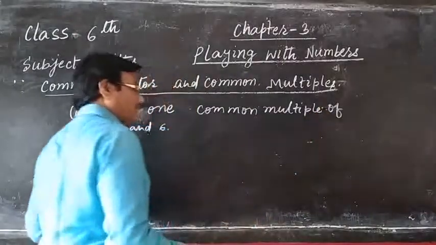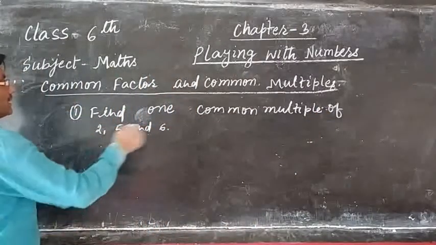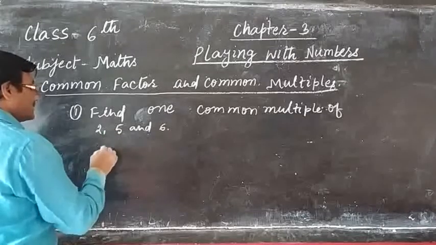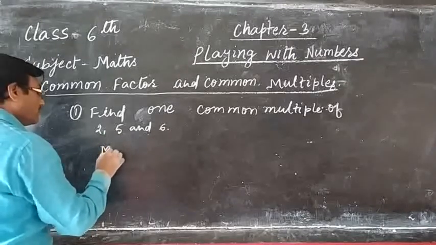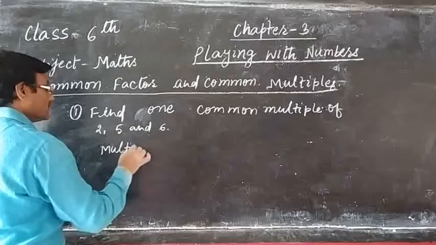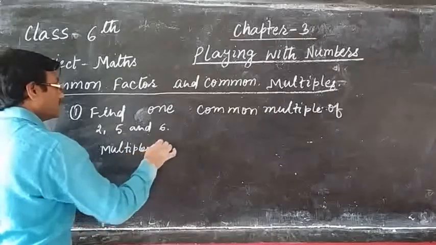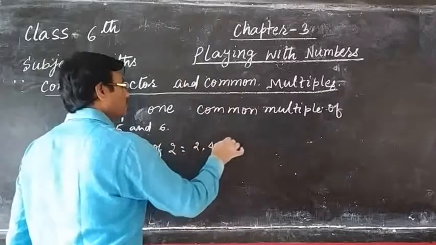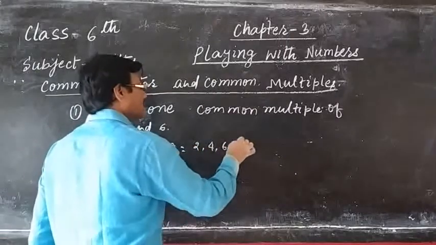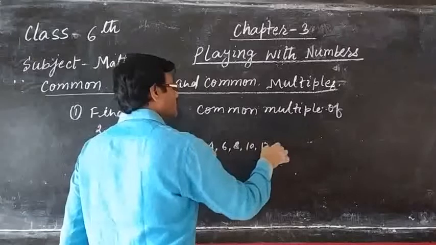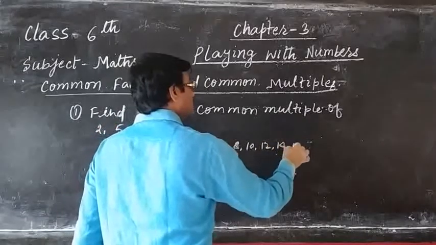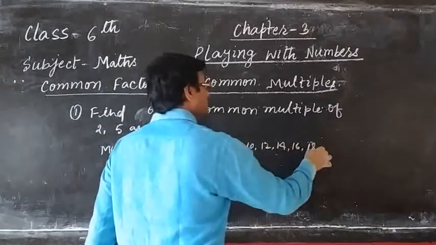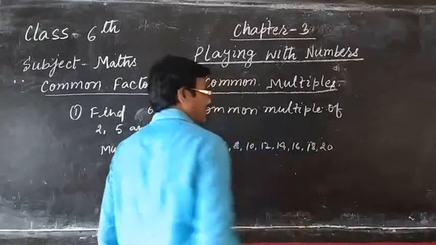So what I have to do? Just create the multiples of 2, 5 and 6. So write here multiples of 2 is equal to 2, 4, 6, 8, 10, 12, 14, 16, 18, 20. Okay.